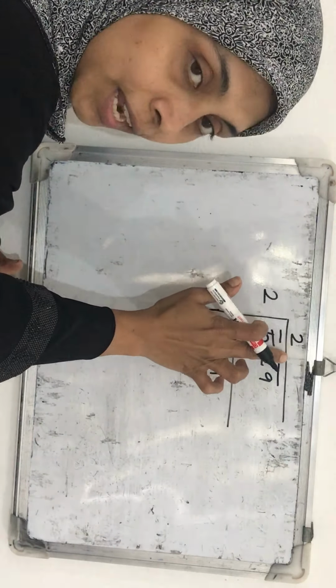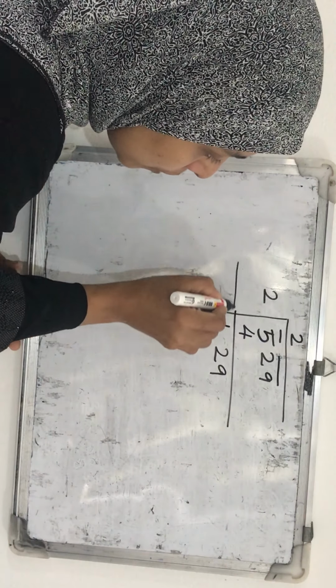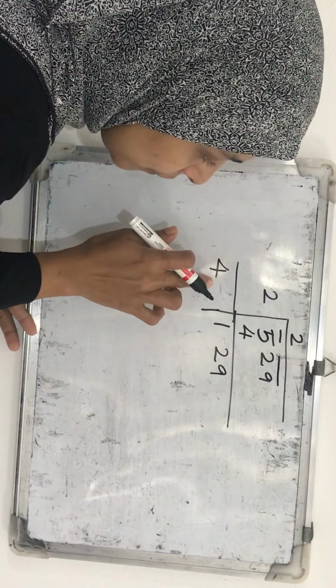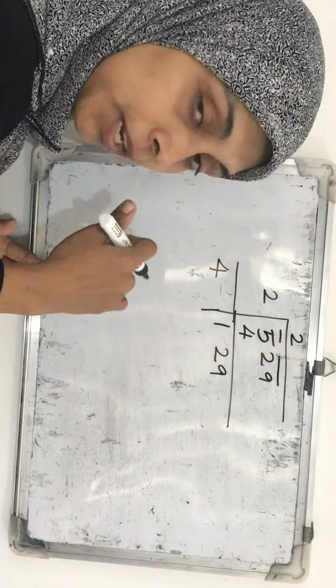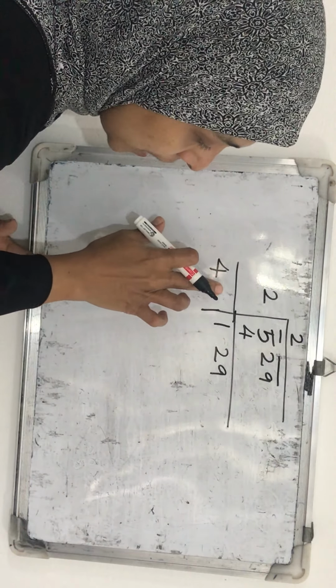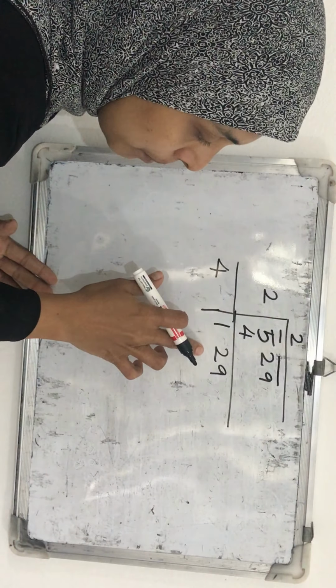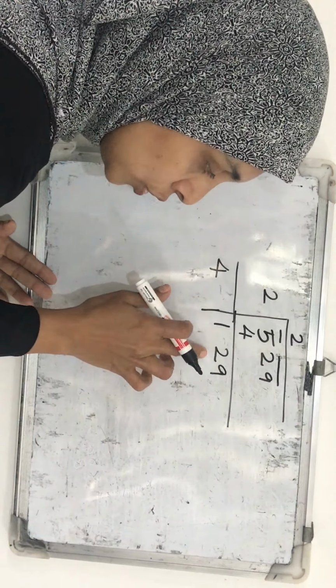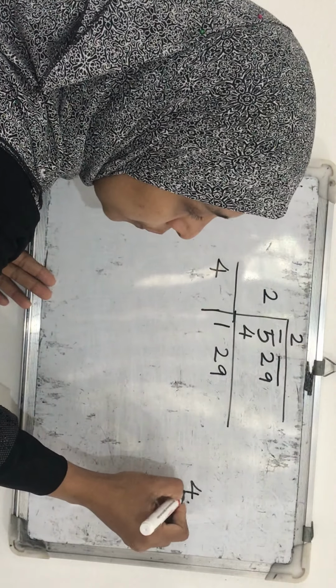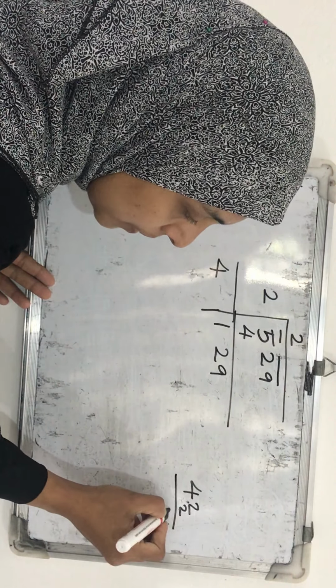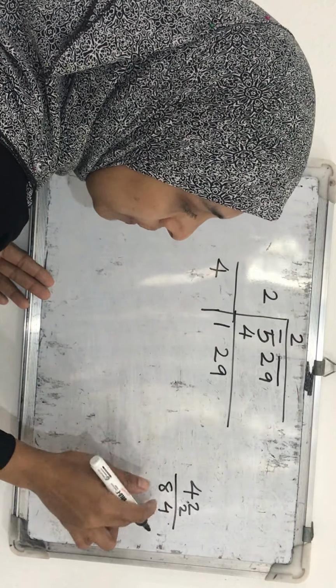Next step, write the double of 2. What is the double of 2? 4. Then we want to select the largest possible number, and when we multiply with it we want to get a number less than or equal to this 129. So if you take 42 and multiply it with the same number, we will get 84 only.